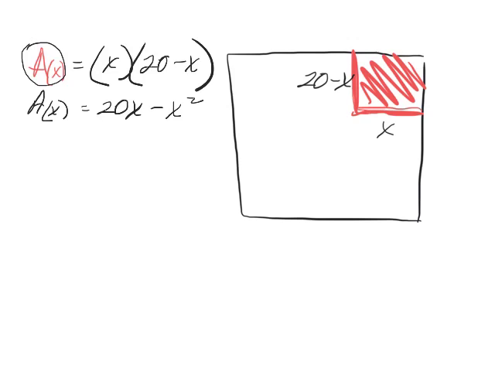Second part of this says find the domain of the function. What are our possibilities of x? X can be really any number bigger than 0, right? But it has to be less than 20, because this length right here can't be any more than 20, because the length of that and the length of that is going to be 20. It can't be 20 because we do need a length here.